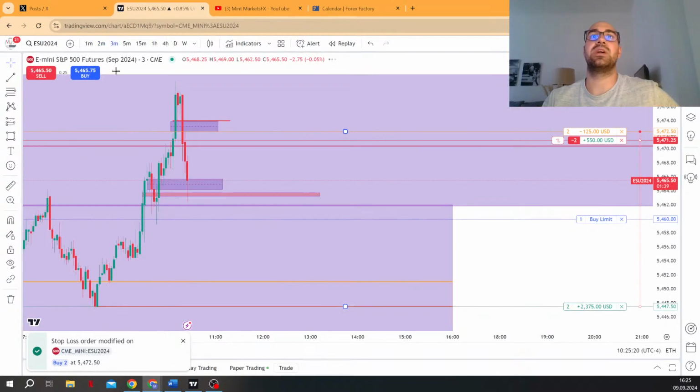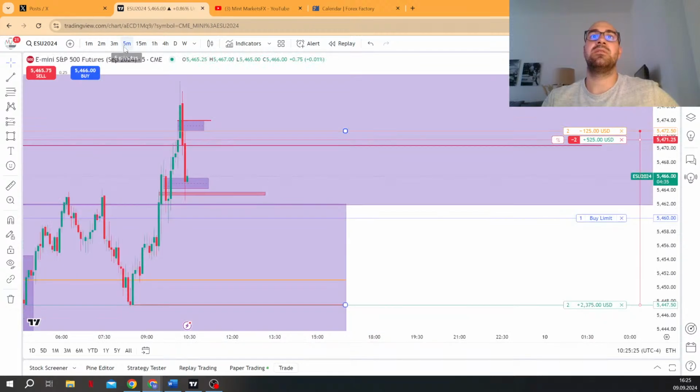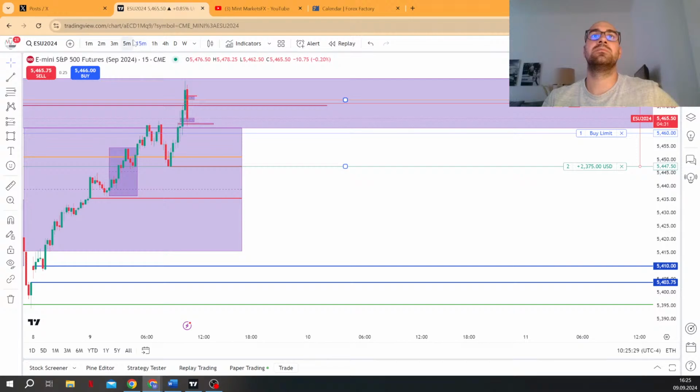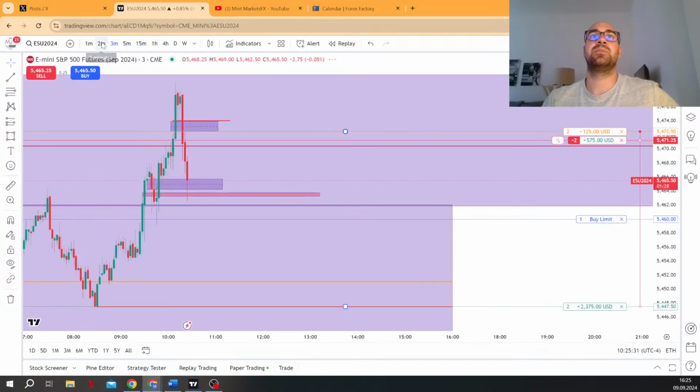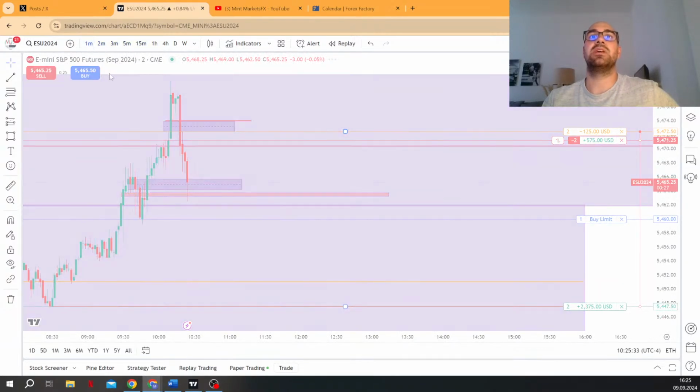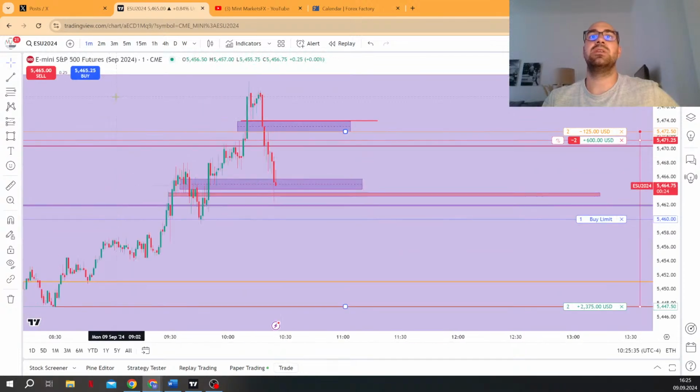It's a little bit aggressive. The stop movement is a little bit aggressive in my opinion. But yeah, it's okay. I will leave it there, and I think my trade is now profitable anyway.